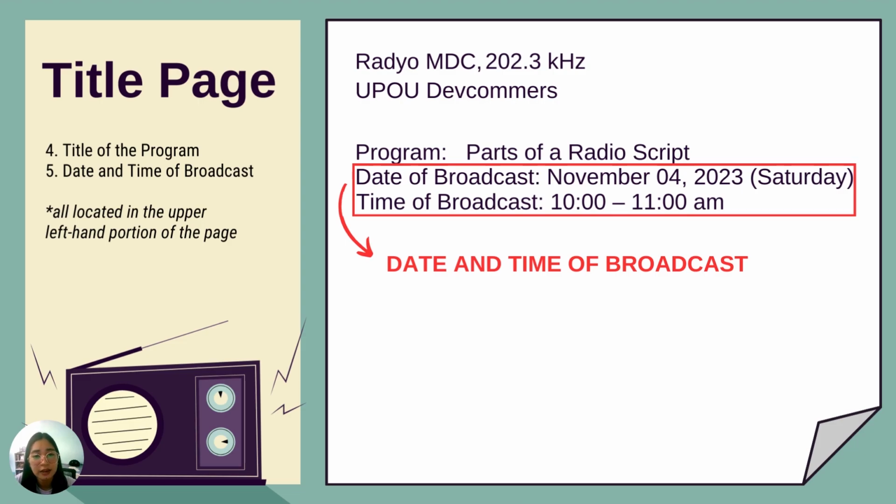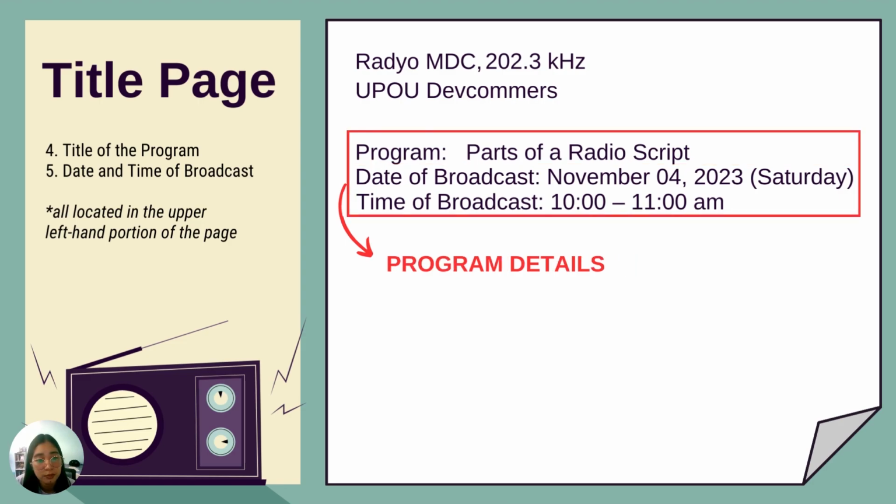And in the time of broadcast, we write the time or the duration of the broadcast. These details are called the program details. These details are also located in the left-hand portion of the page.